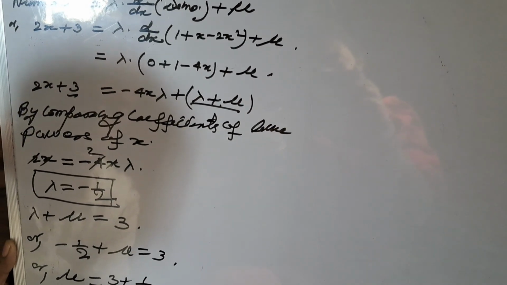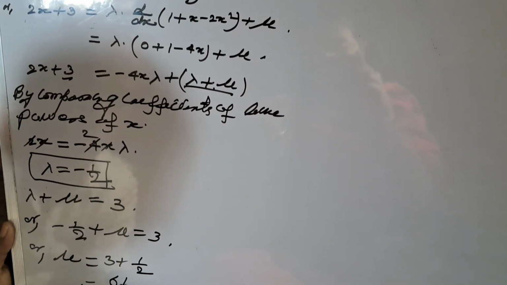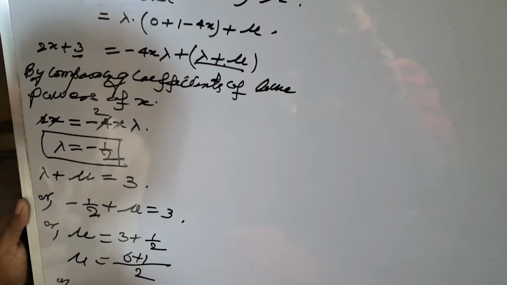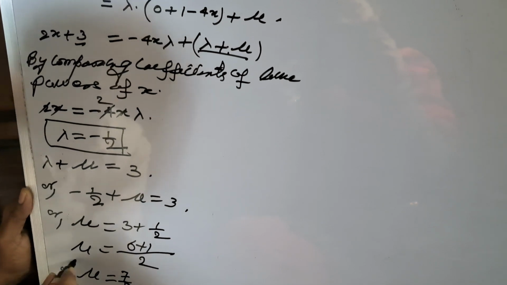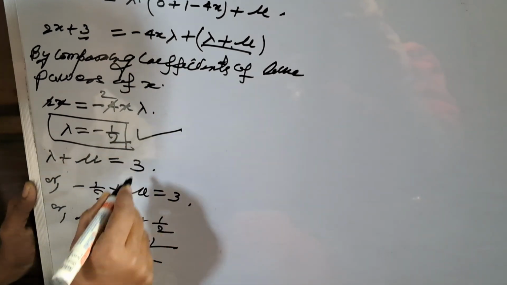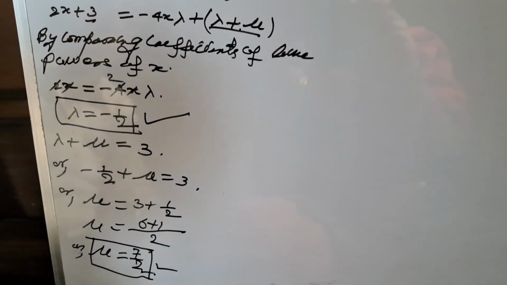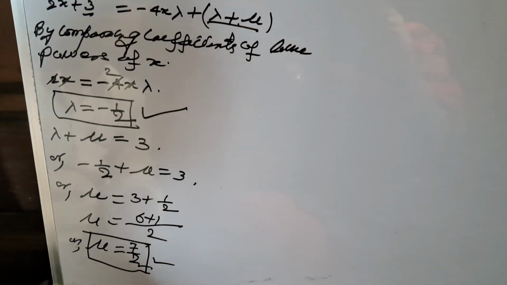Then 2 is the required LCM, 3 twos are 6 plus 1, so mu is equal to 7 by 2, and lambda is equal to minus 1 by 2. So we got here two values.